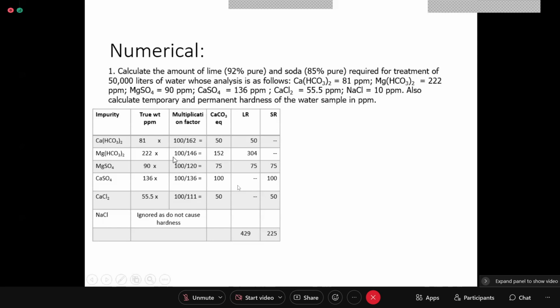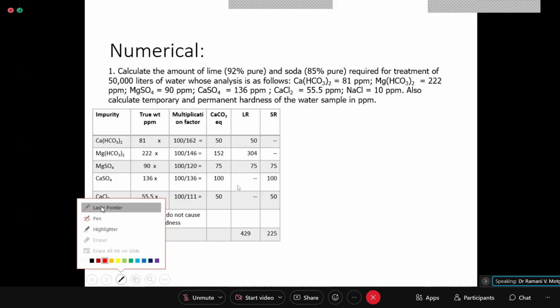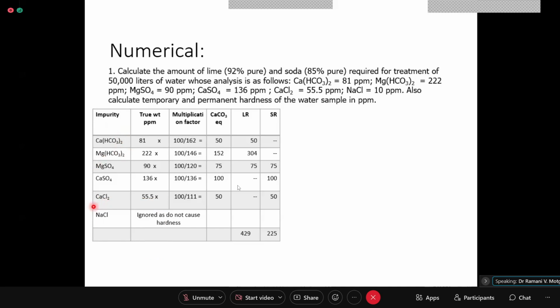So what is there? There is a true weight of the impurity, hardness causing salt, into the multiplication factor. That is because hardness causing salts are all divalent. We generally take 100 by the molecular weight of the hardness causing salt. If you are not remembering 162 at the time of exam, you are very well conversant.